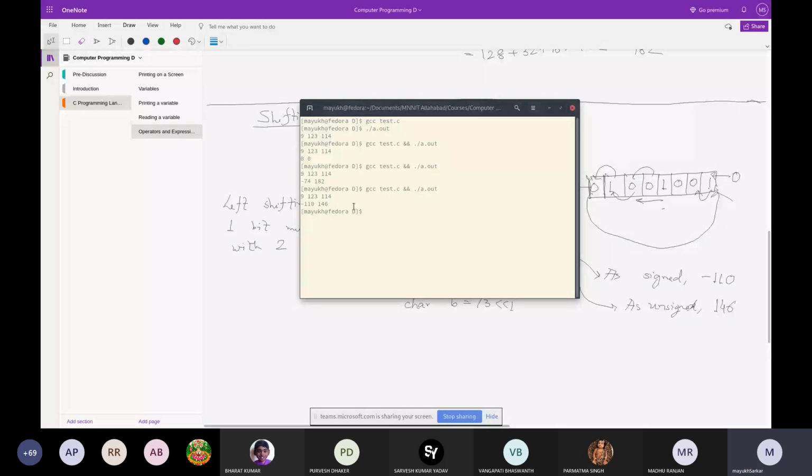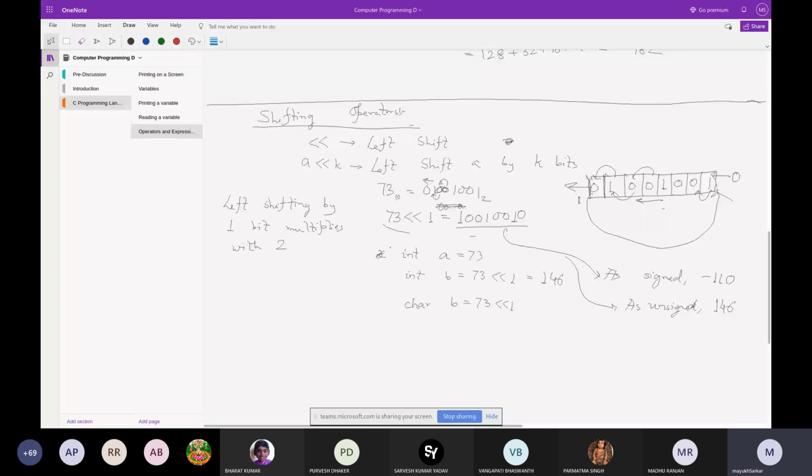Now to the question of whether the first bit goes to here: in this case you may think, well, 0 came out of the first bit, so 0 should go there, right? Now let me left shift this by another bit. Whatever you received here, say character B, 73 left shifted by 1, is 1 0 0 1 0 0 1 0.